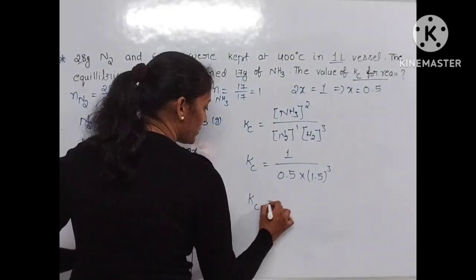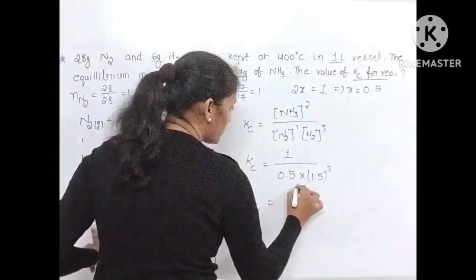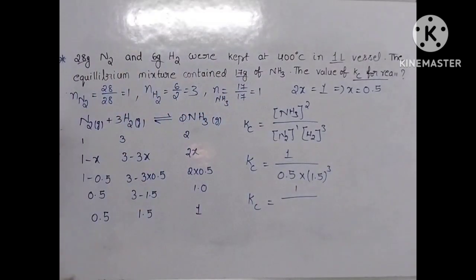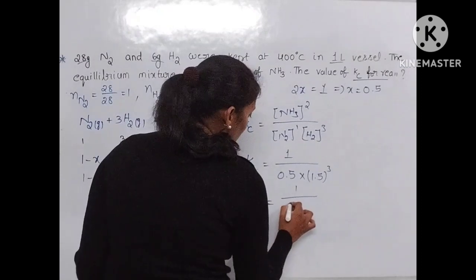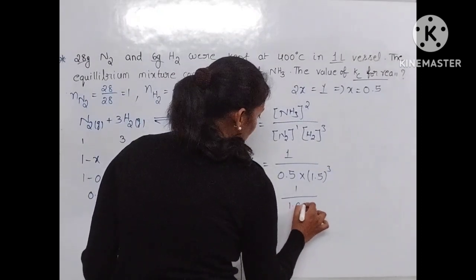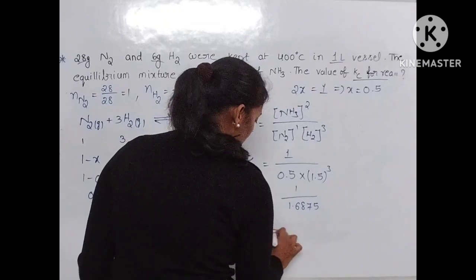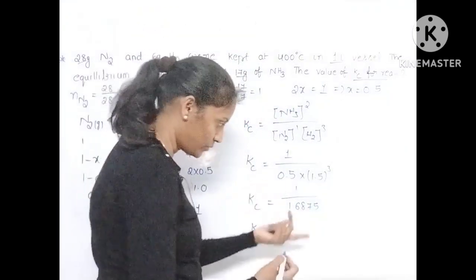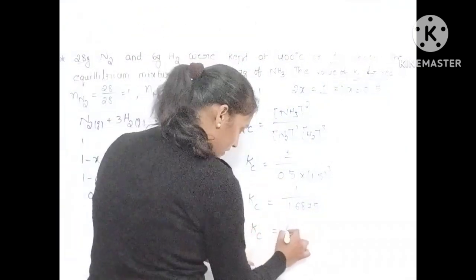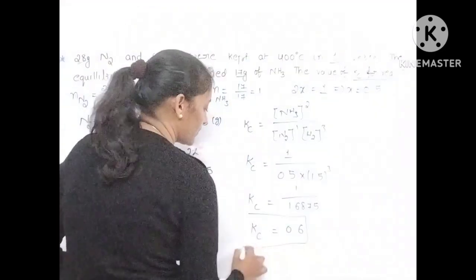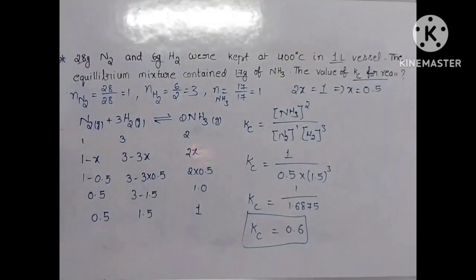Then you need to simplify. If you calculate this, it is 1.6875. If you simplify some more, it gives you 0.6 as your answer. This is the nearest value.